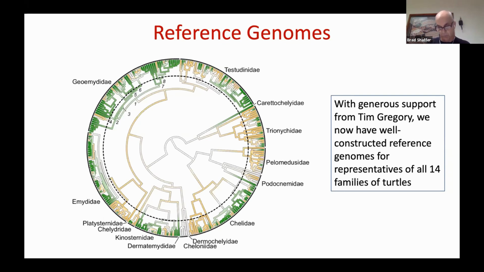And that's just a really important resource. It's a great starting point for the kind of work that JJ, Peter, and I are all talking about. And just keep that in mind. We have that for geomydids, testudinids, trionychids, the whole gamut of turtles.